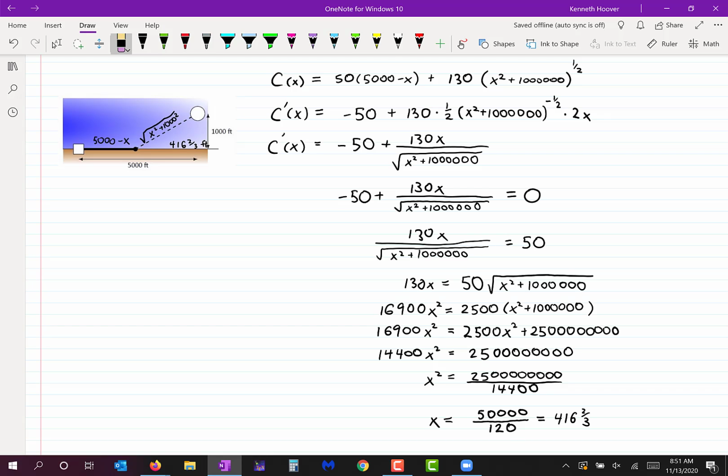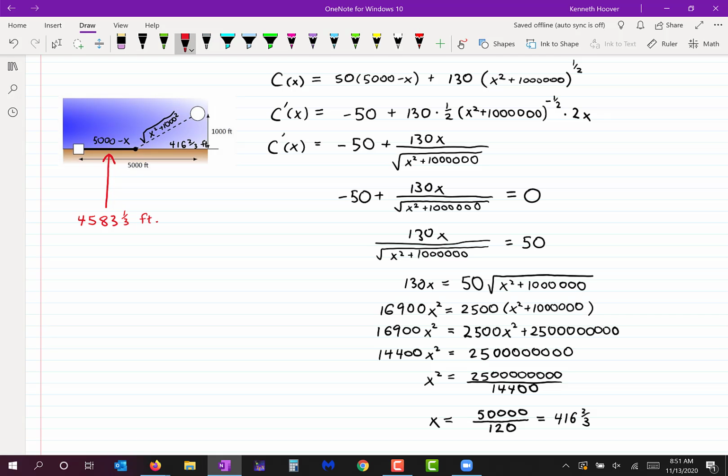Okay, so let me ask you a question. What is that number right there? That would be 5,000 minus 416 2/3 feet. So that is 4,583 1/3.